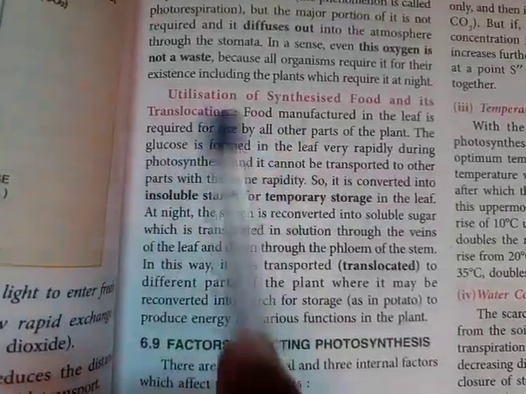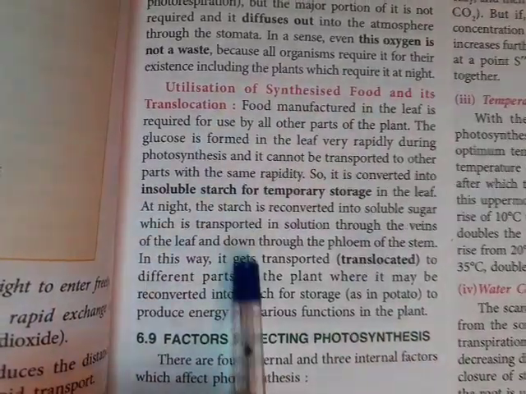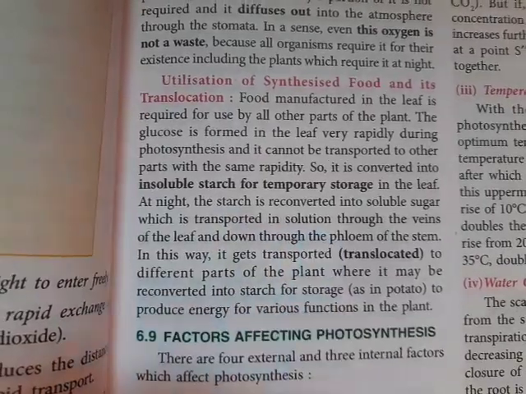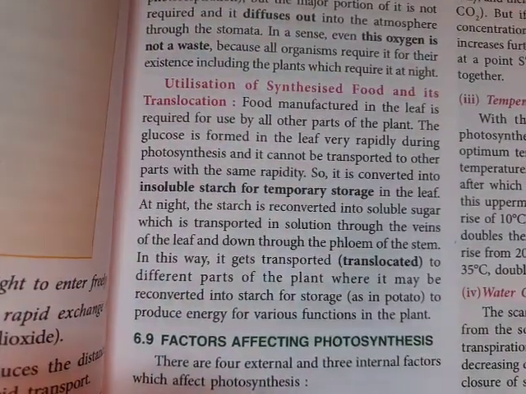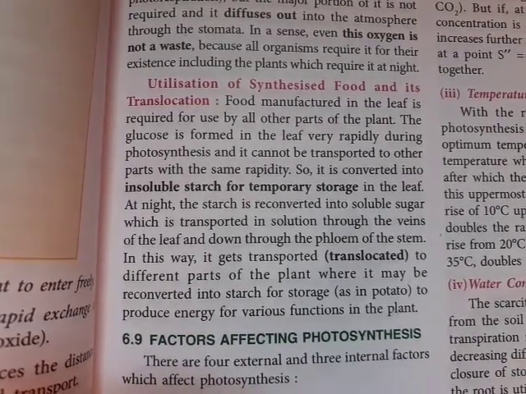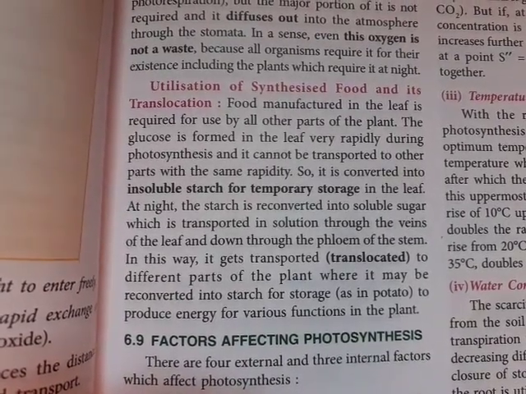So this is the utilization of synthesized food and translocation. We call it translocation because it is transported in solution. So here is the utilization of synthesized food and its translocation.